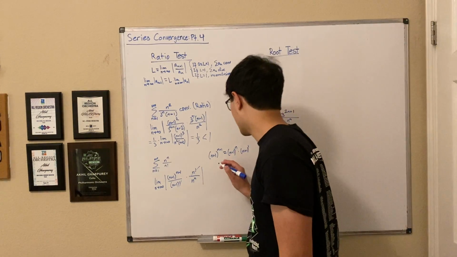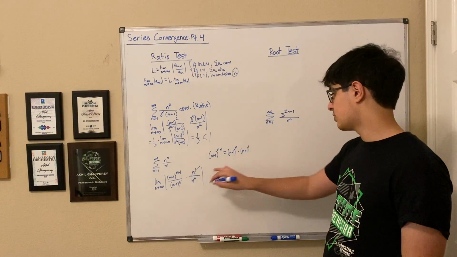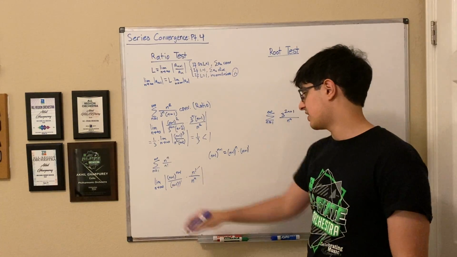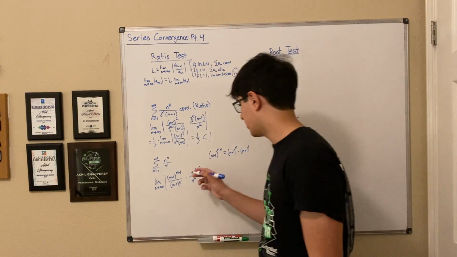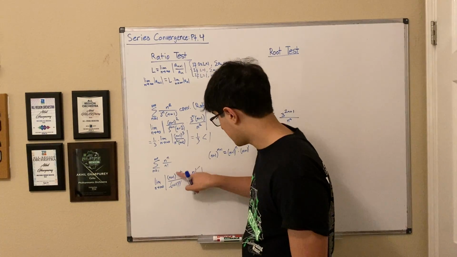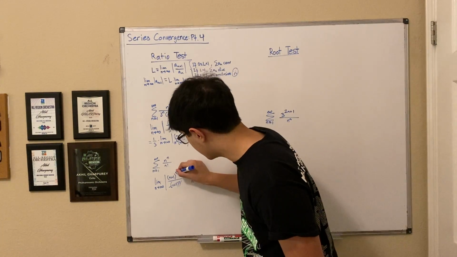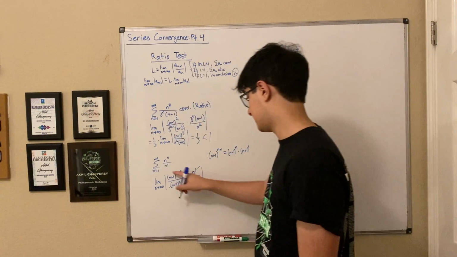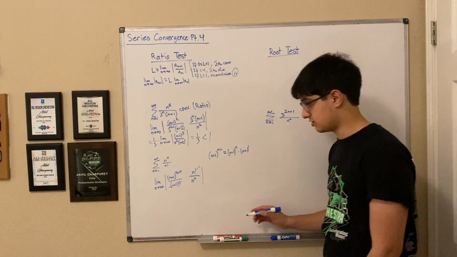Sorry about that. Notice here, we have an n plus 1 by itself, and then we have an n plus 1 on the bottom. So this n plus 1 cancels with the remaining n plus 1, and we'll be left with (n plus 1) to the n.